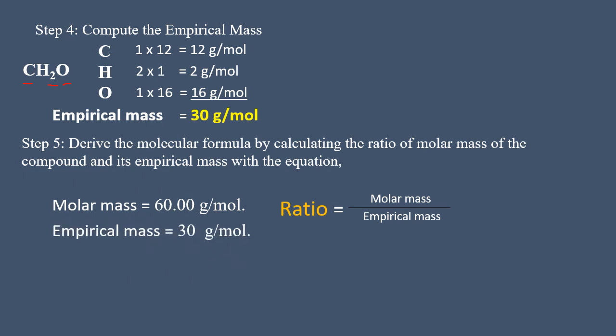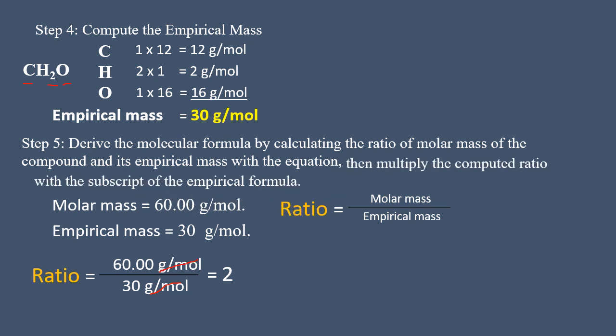The empirical mass is 30 gram per mole. So let's substitute the values. Molar mass is 60 gram per mole divided by the empirical mass, which is 30 gram per mole. You can now cancel gram per mole and gram per mole units. And the ratio is equal to 2.